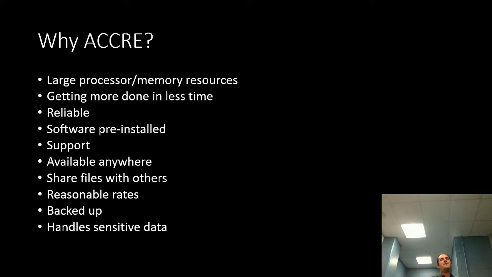As you might remember from the last pizza and programming session, graphics processing units were originally designed to do graphics for video games, and then eventually people realized, we can use this to do high capacity computing as well. So we have GPUs on the cluster now.